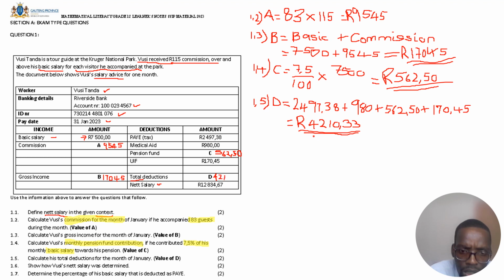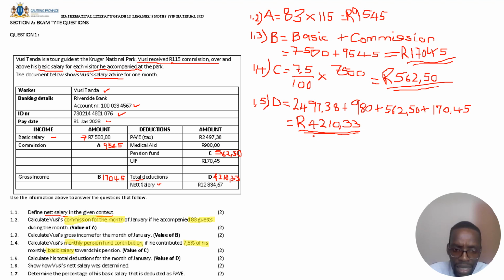That's our value for D. Now normally these total deductions are then subtracted from your gross earnings for you to get your net salary.